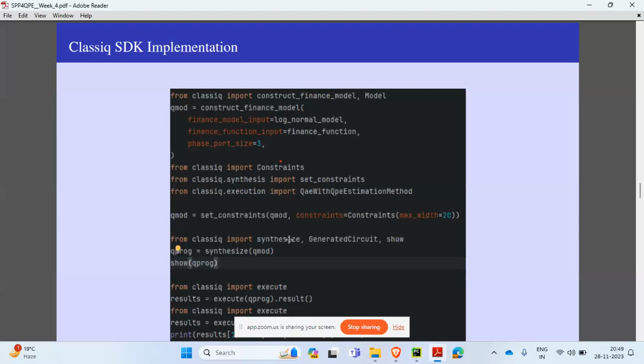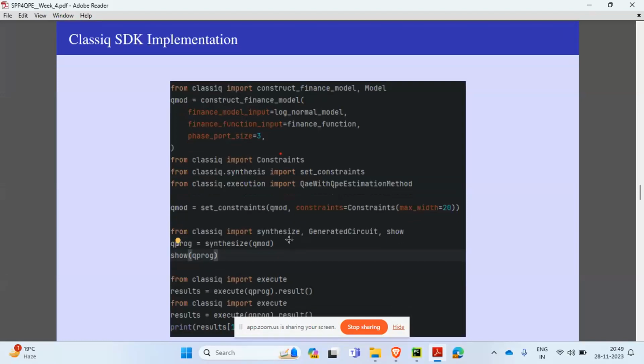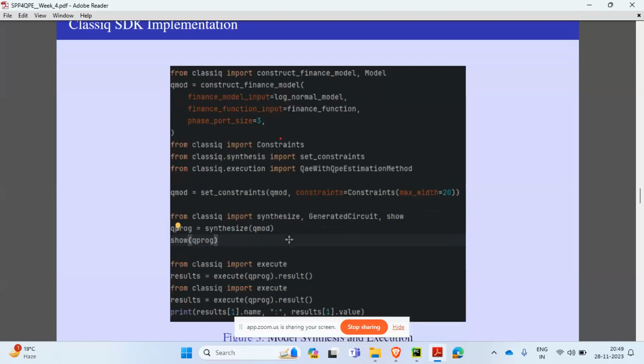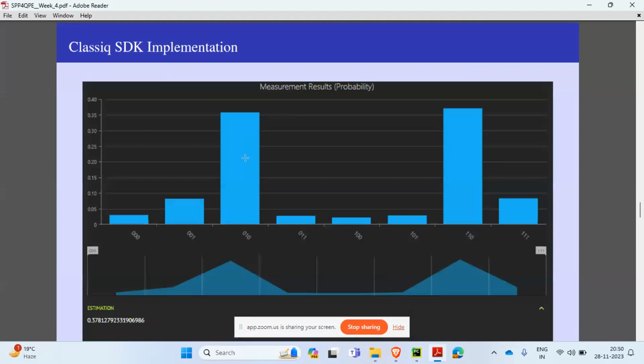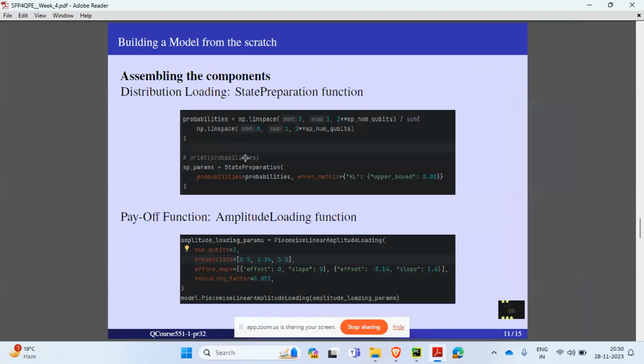And we synthesize this circuit. Also to note, construct finance model also has this best fit method, which I'm going to demonstrate soon. And this is the result you get.